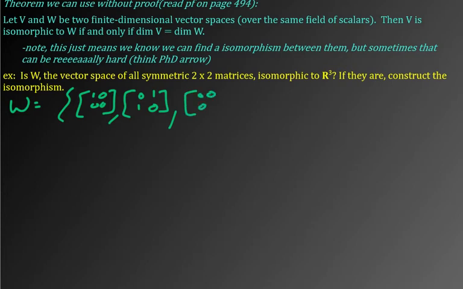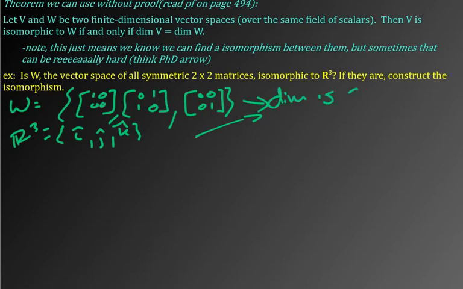And then [0, 0; 0, 1]. There are 3 vectors there. And for R3, of course, we would just take i hat, j hat, k hat, right? So they both have 3 basis vectors, so their dimension is 3. So they are isomorphic.